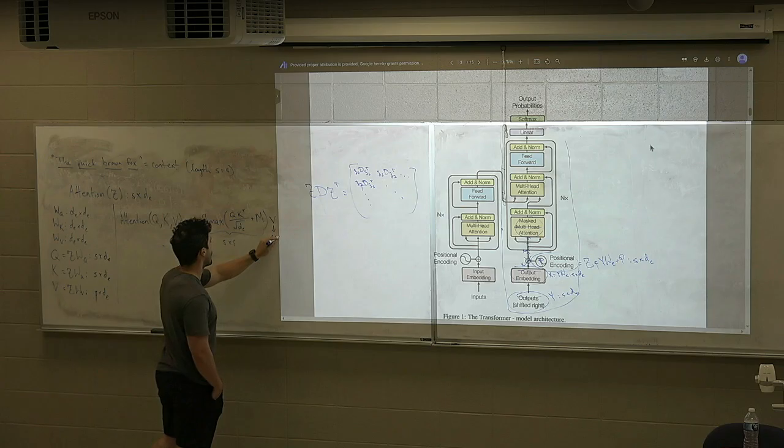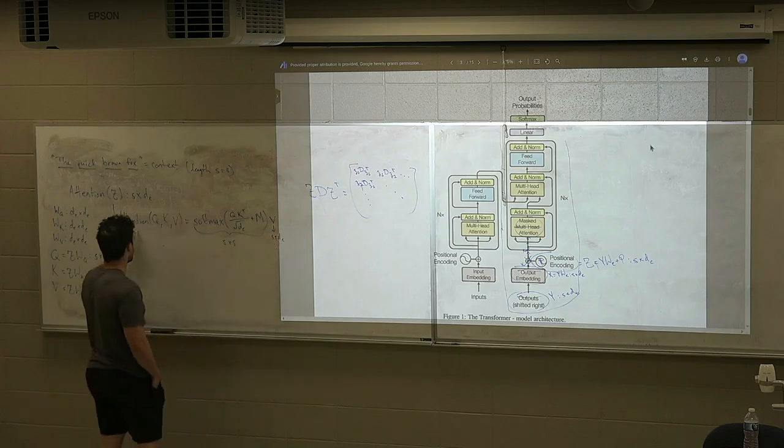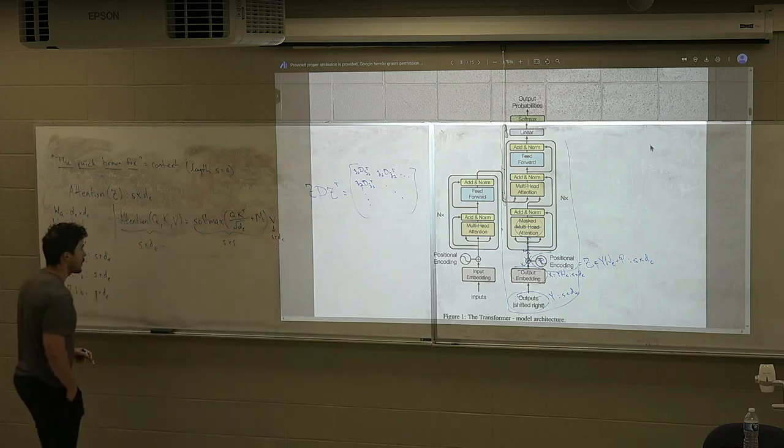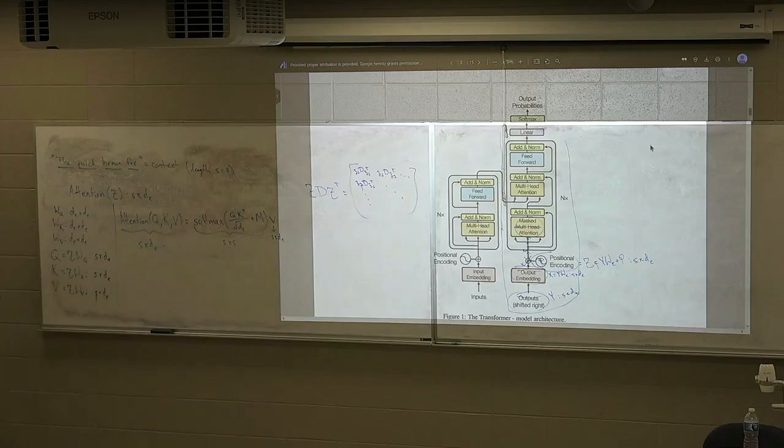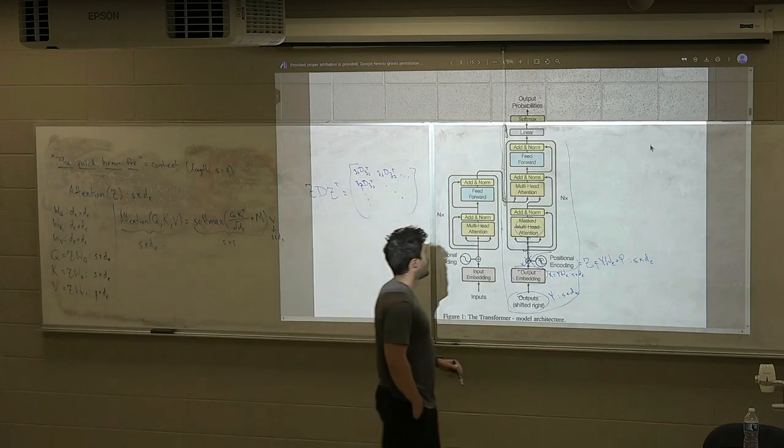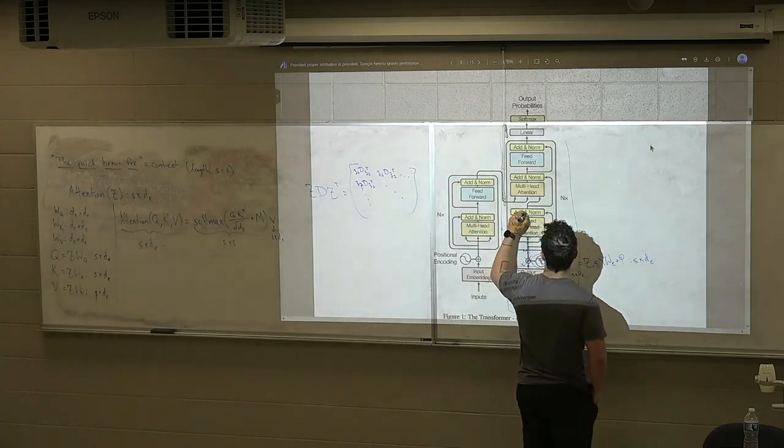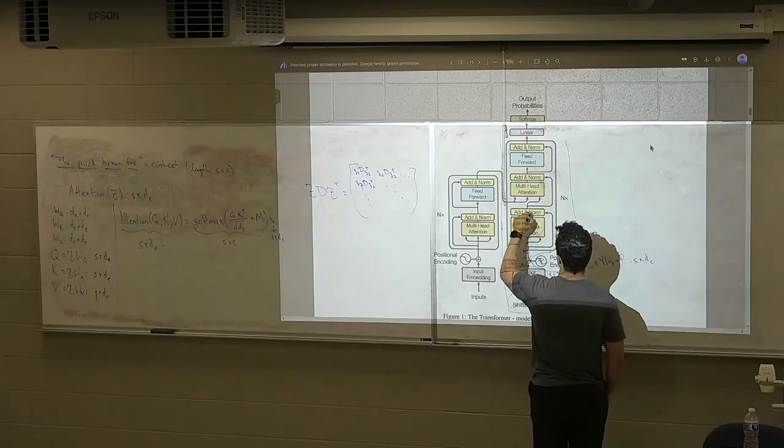So this whole thing has size S by dE, and that's what comes out the top. So this is attention QKB.